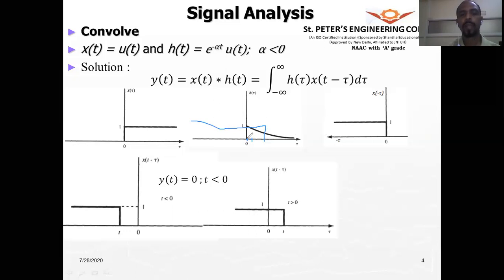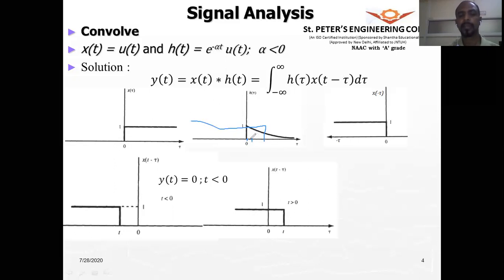So where does the overlap start and where does the overlap end is what we require for the calculation of this integral. The overlap definitely starts at 0 because t has taken a value more than 0. So overlap starts at 0. And where does it end? This end, we are calling it t.